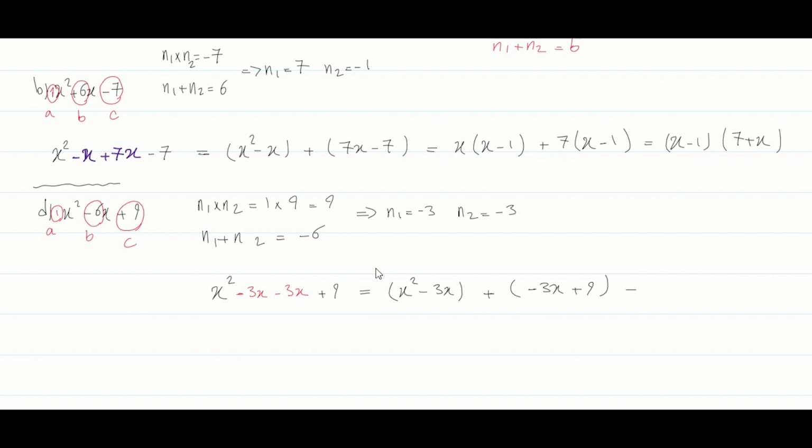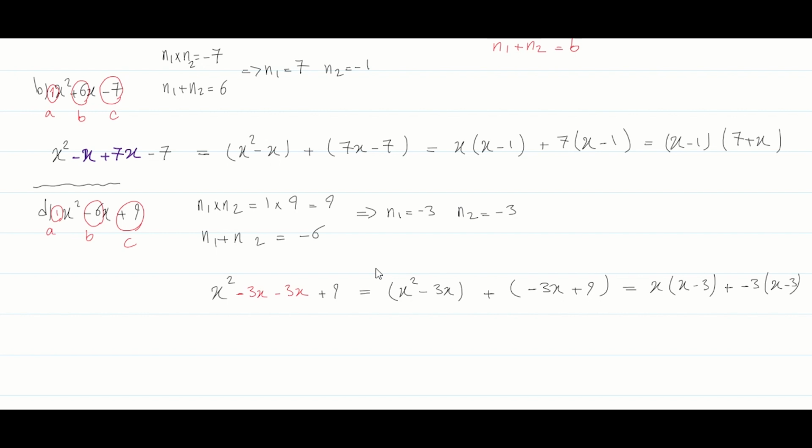Then I'm gonna factor out the common factor from each bracket. So from the first bracket, we have x in here, which would be the common factor. So it's gonna be written as x times x minus 3. And for the second bracket, the common factor would be negative 3. And it can be written as x minus 3.